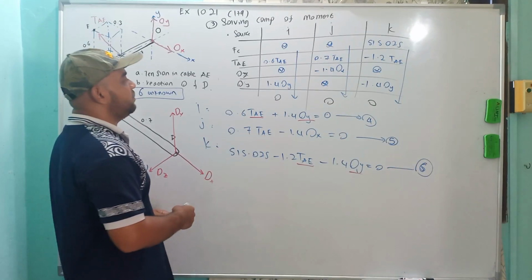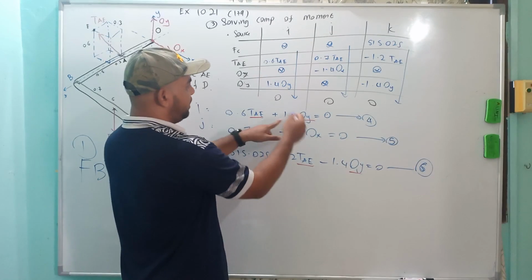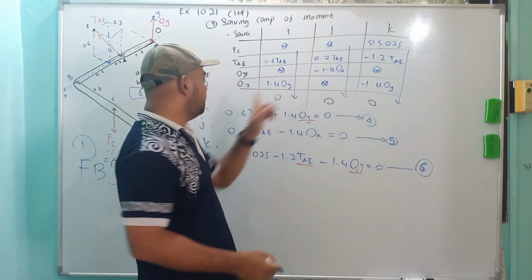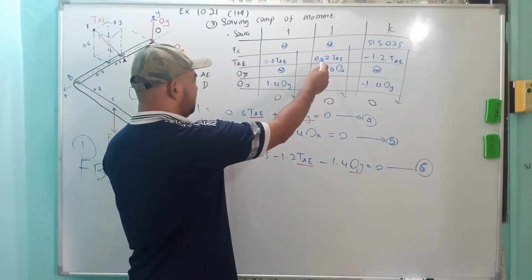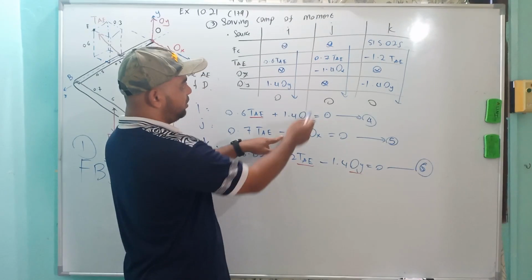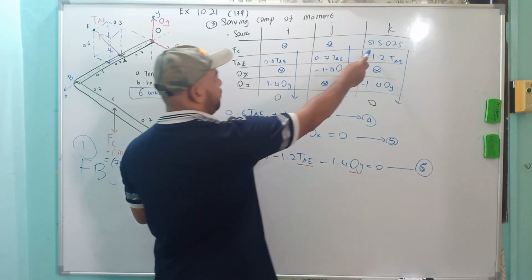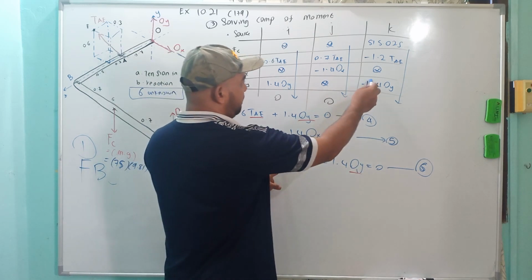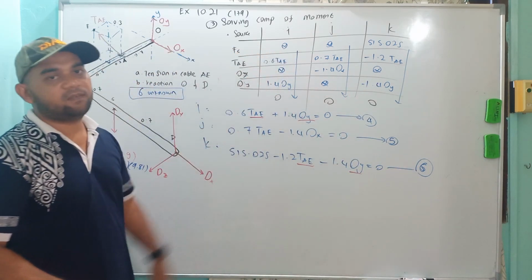By doing that, I can come up with the equations. This one, 0.6 TAE plus this one equal to 0, equation number 4, because we already have the first equation from the forces. And then 0.7 TAE minus 1.4 this one equal to 0. We have here 515 minus this one, minus 1.4 equal to 0, equation number 6 from this table.